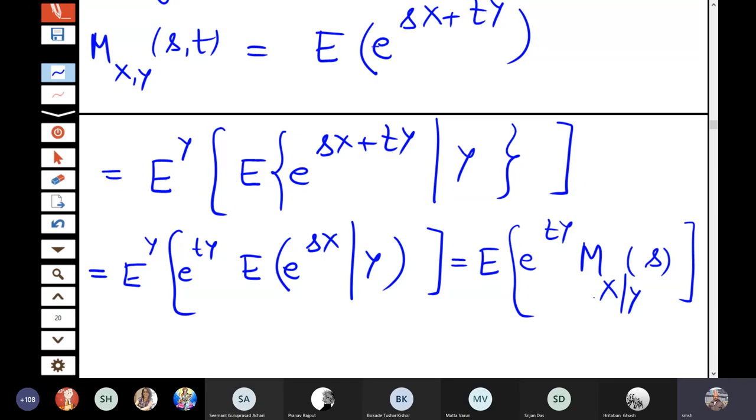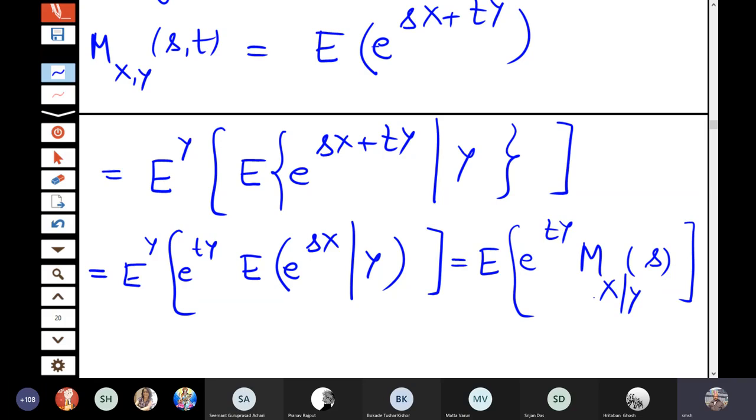For a normal distribution with mean mu and variance sigma square, the moment generating function is e to the power mu t plus half sigma square t square. Now for the conditional distribution of x given y, you know the mean and you know the variance.